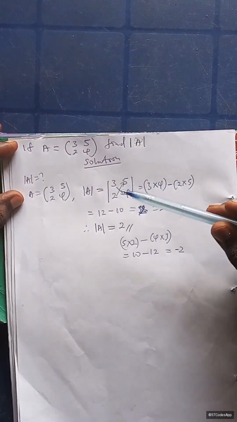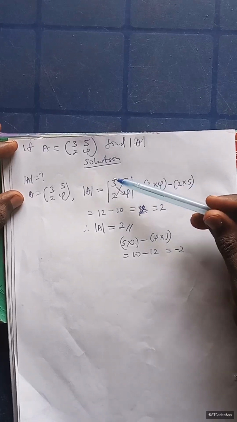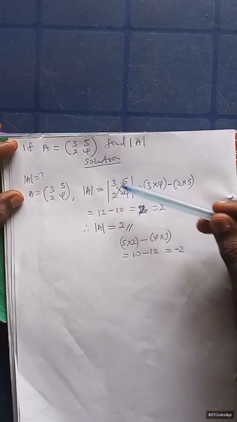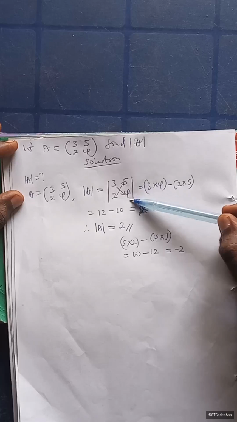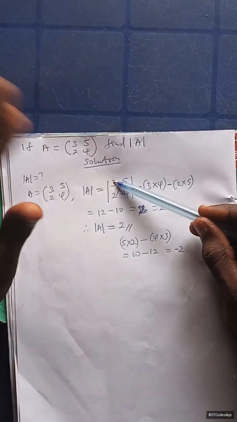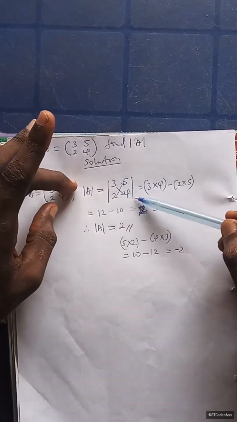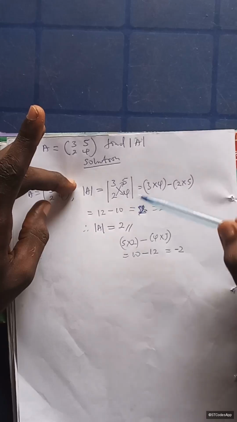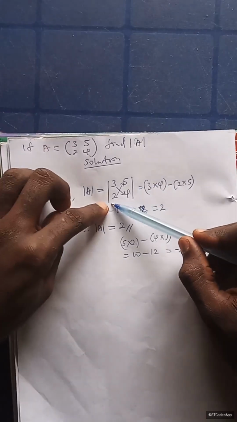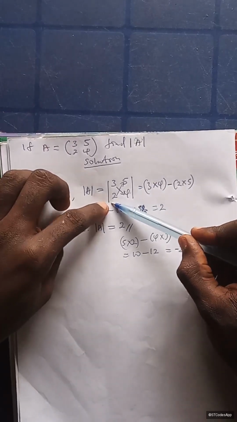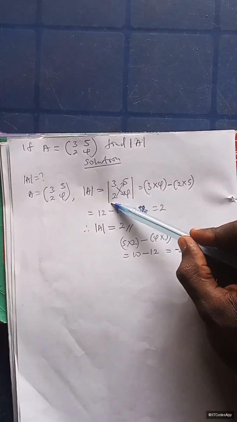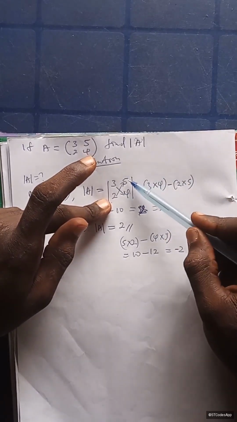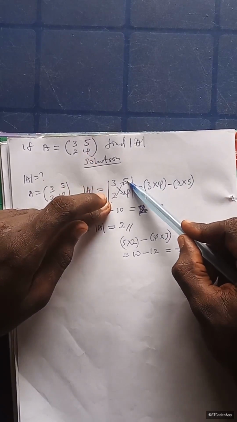But if you do it in the right order, you must start from the first row, first column. The number at the top left, multiply with the one at the bottom right, first, before multiplying the one on your bottom left corner with your top right corner.